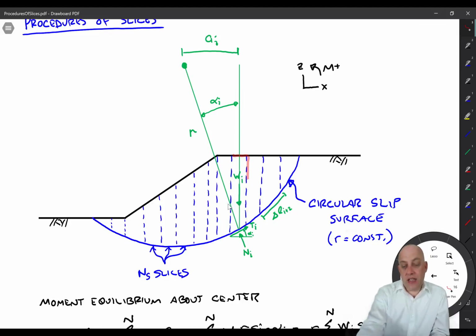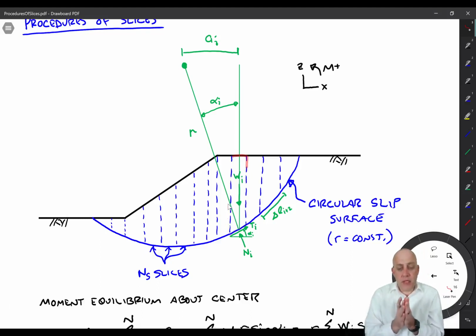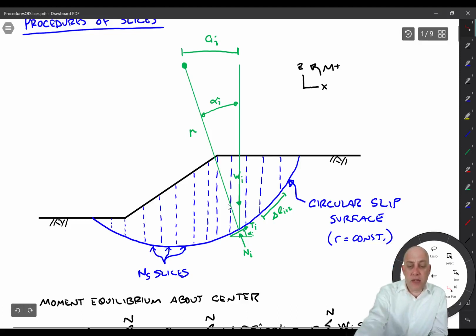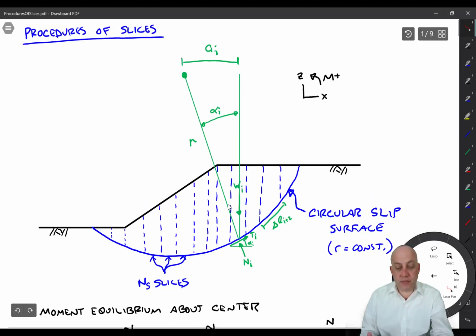In reality, this weight would act slightly to the left of center because the trapezoidal shape has more mass on the left side than the right side. But if we use enough slices, that difference in distance doesn't really matter. I've only drawn about 12 slices here. In reality, they would be even thinner, so it's an okay assumption to treat it as a trapezoid with the weight acting at the center.